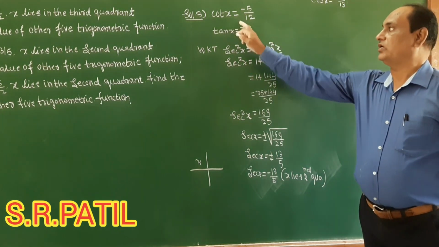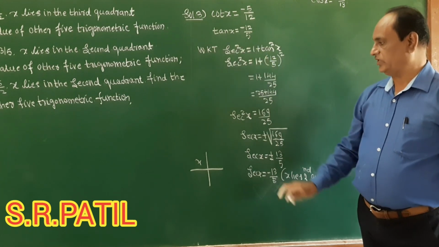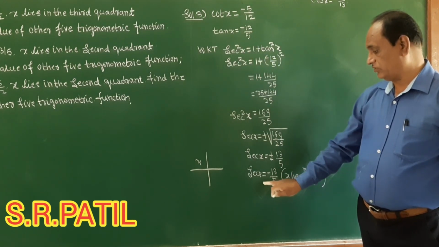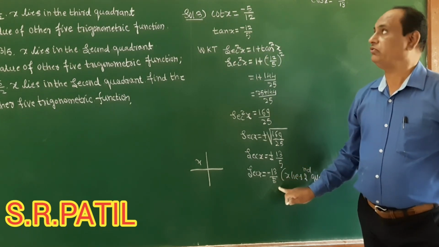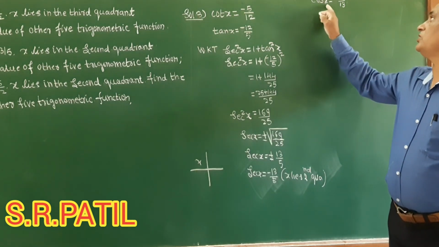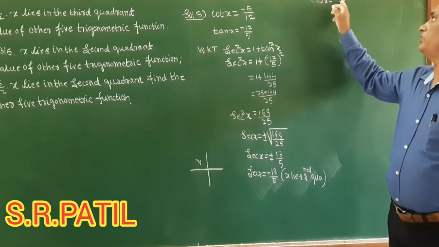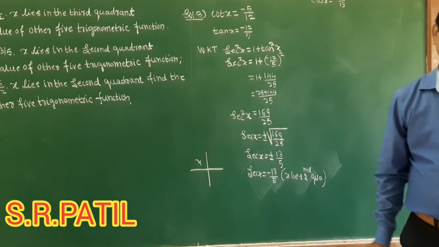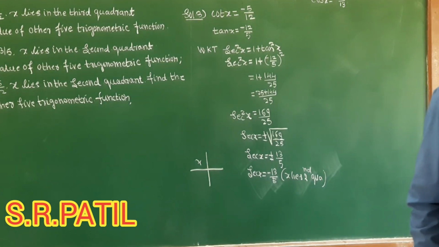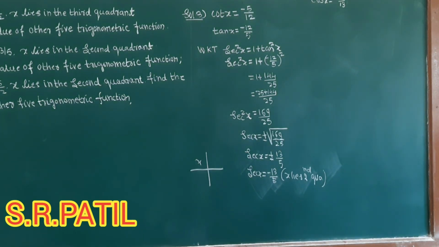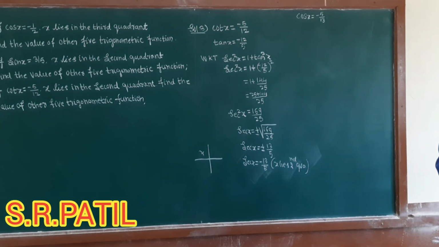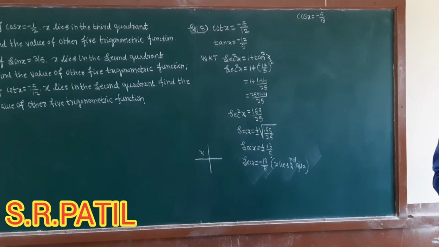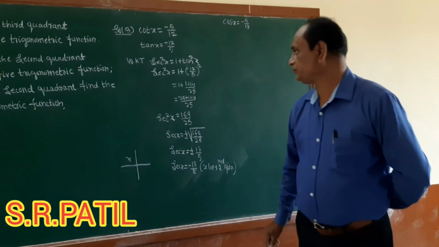So the quadrant and one value, then the next one, the sec x value, so totally two values. Then the third one is cos x, which is minus 5 divided by 13. Now you have to find the remaining two trigonometric functions. Which are the remaining two? Sine and cosec.